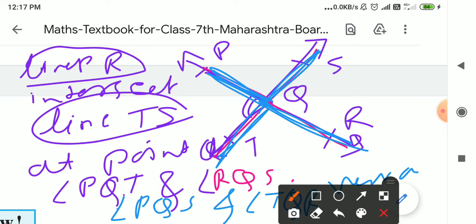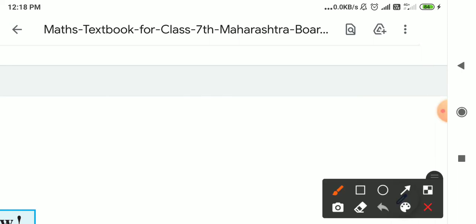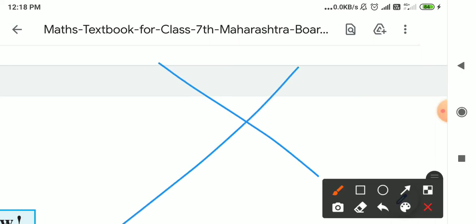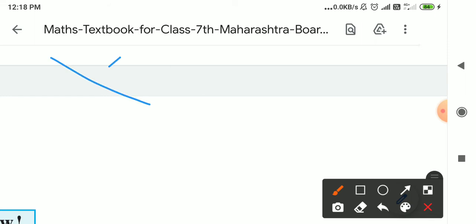When two lines intersect each other at one point, suppose these are any two lines, no problem. If these two are the lines and they intersect each other at one point, then first of all understand the positions of the vertically opposite angles.